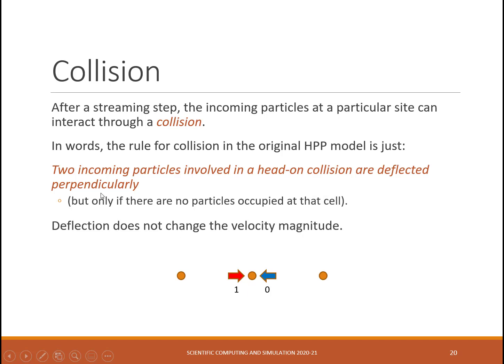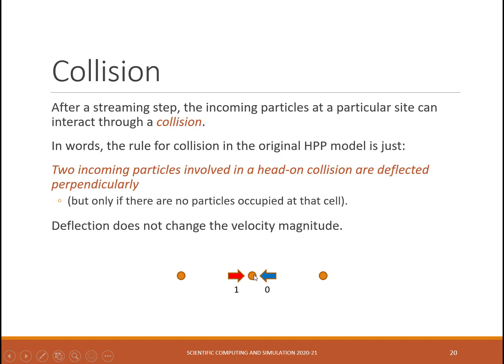Therefore, we must apply collision rules to determine what happens if multiple particles reach the same site. Based on the collision rules in the HPP model, two incoming particles involved in a head-on collision are deflected perpendicularly. It should be noted that deflection moves a particle to an unoccupied cell.